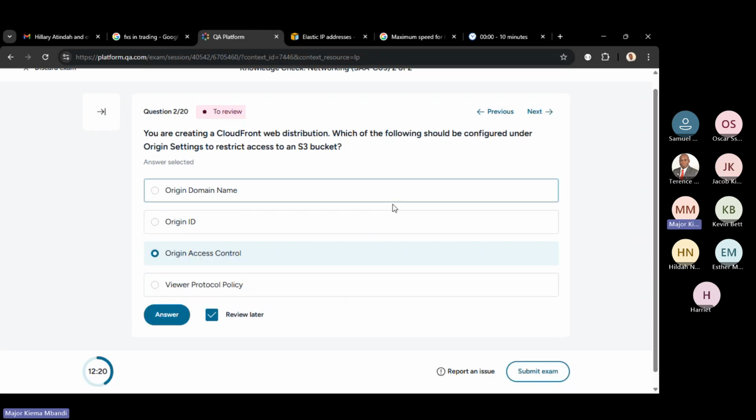So now review questions. This was the first one. You are creating a CloudFront web distribution. Which of the following should be configured under the origin settings to restrict access to an S3 bucket? So do we still maintain the origin access control, or C?